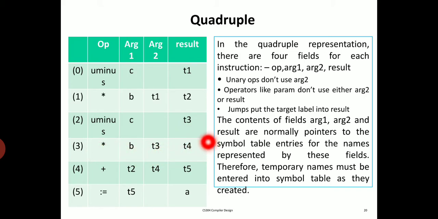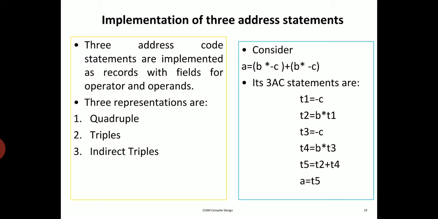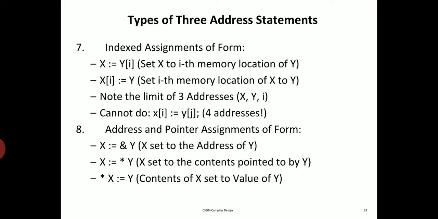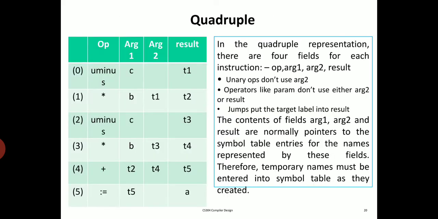So b * -c is computed 2 times. Before assigning, it will sum up T2 and T4, and the result will be stored in T5. Then that will finally be assigned to a.